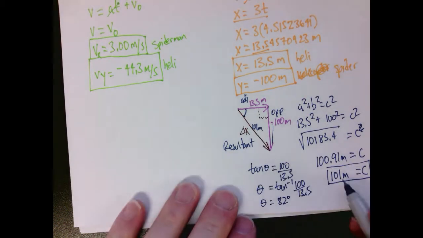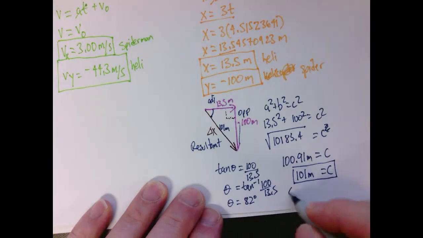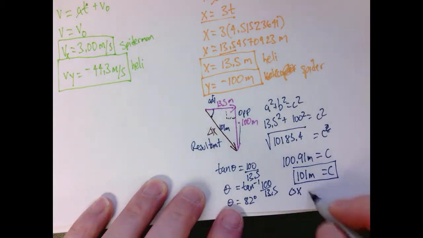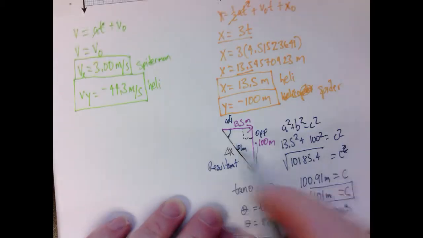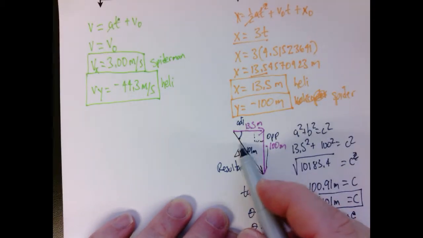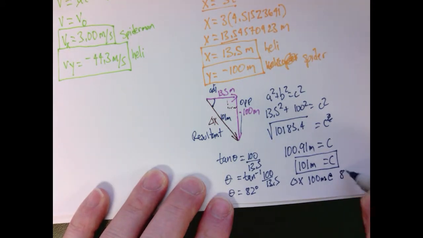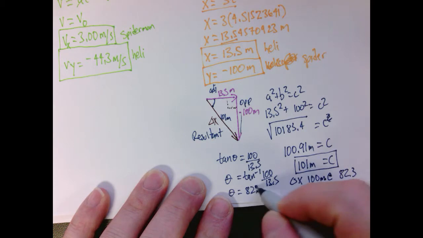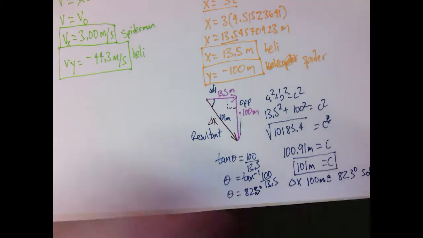So what we would say about the displacement delta x is 101 meters at this angle here, 82.3 degrees south of east.